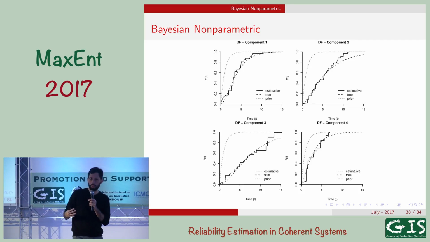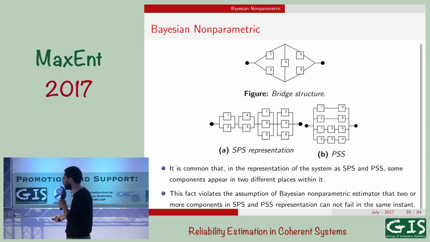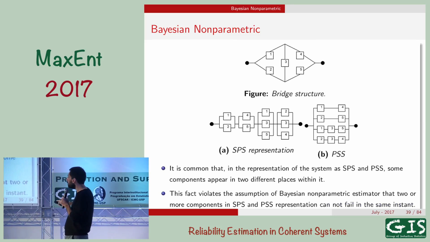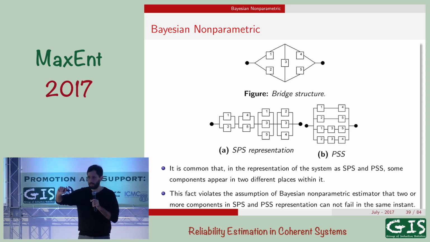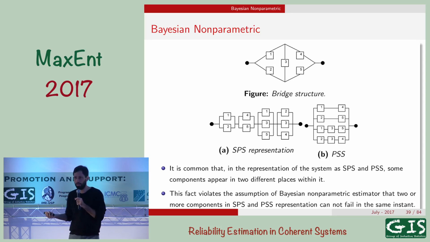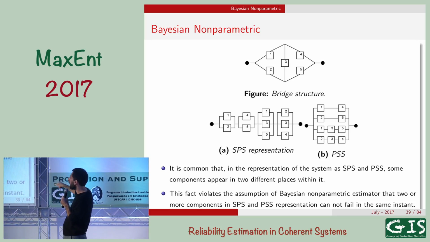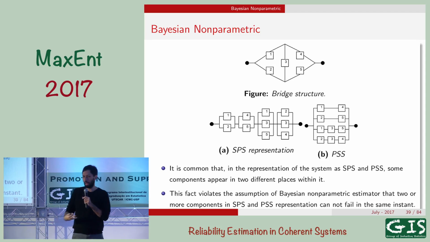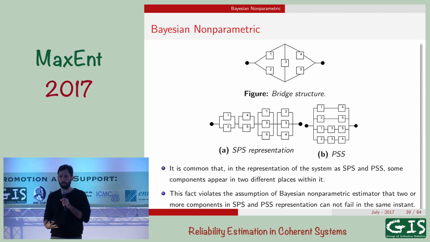This is important because we should explain all the details. Recalling from yesterday, I told you we have these structures where the same component can be in two parts. It's a logical structure, a diagram and a way to represent the system. If we think of a bridge system, we can have this kind of representation. In the non-parametric way, we can solve this problem.